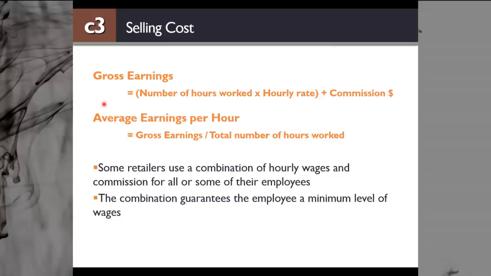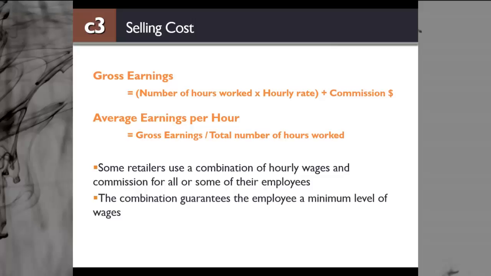But if you have your hourly pay and also commission, your gross earnings can be calculated like this: number of hours worked multiplied by the hourly rate, plus commission. And your average earning per hour can be calculated by the gross earnings divided by the number of hours worked. So this is another additional concept you can apply and learn about.